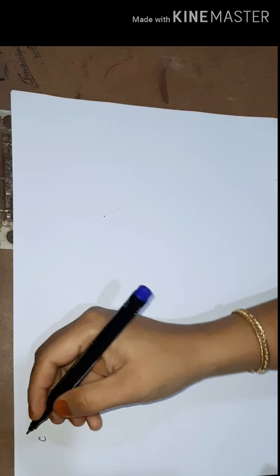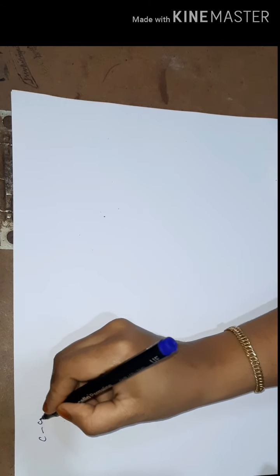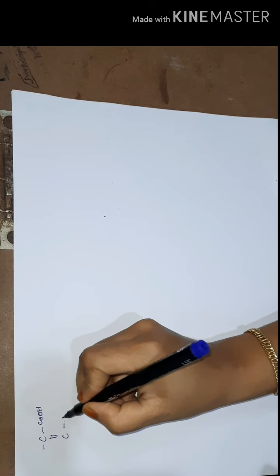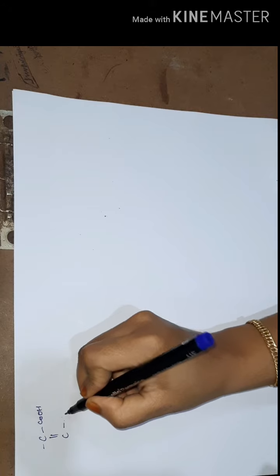Okay, one of the most important examples is, suppose we are taking a molecule of malic acid.